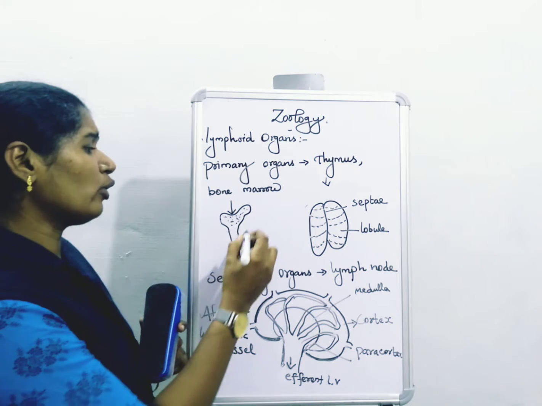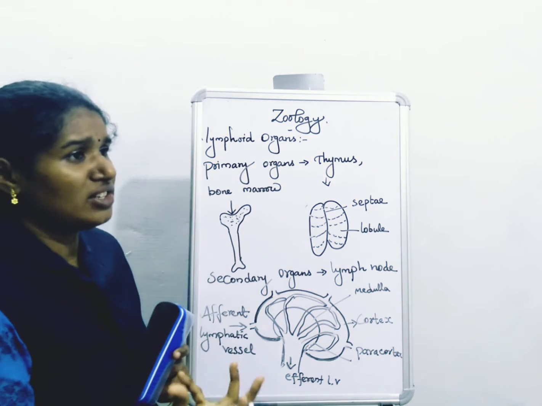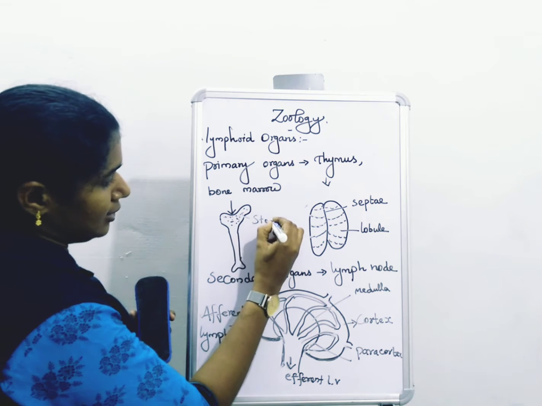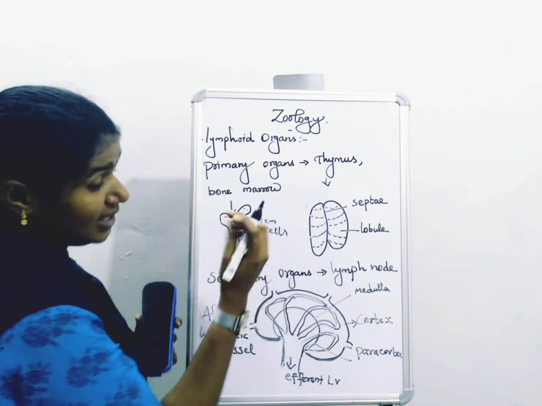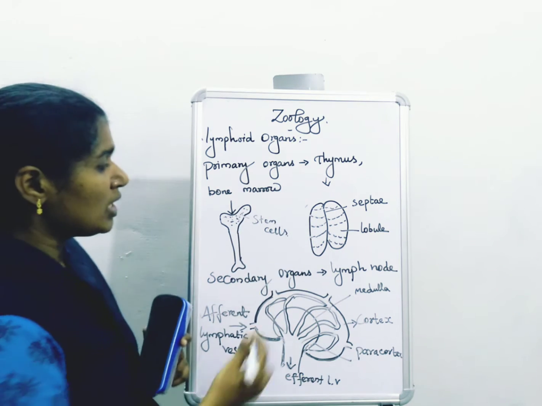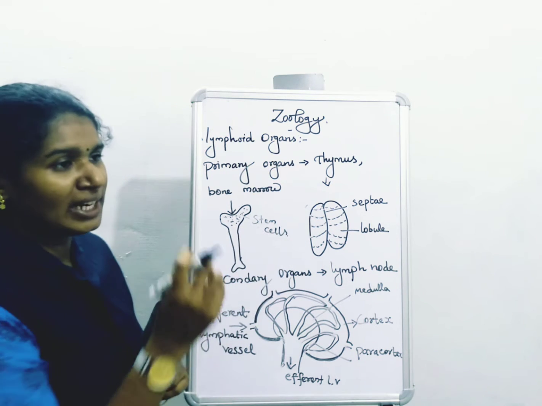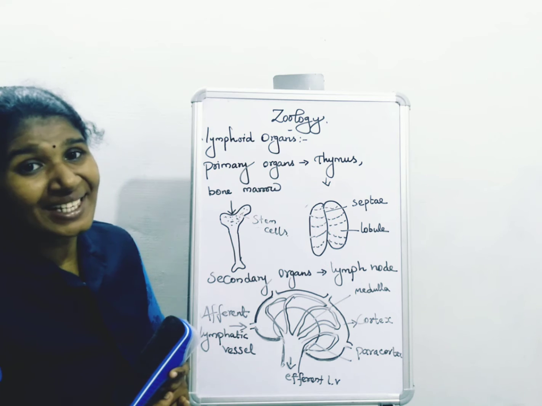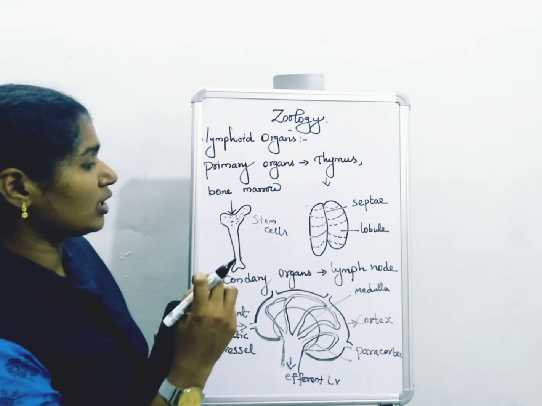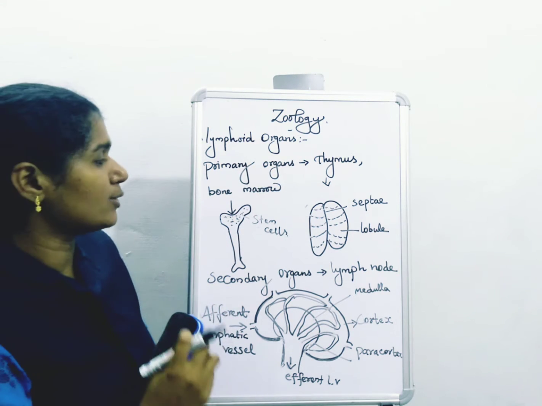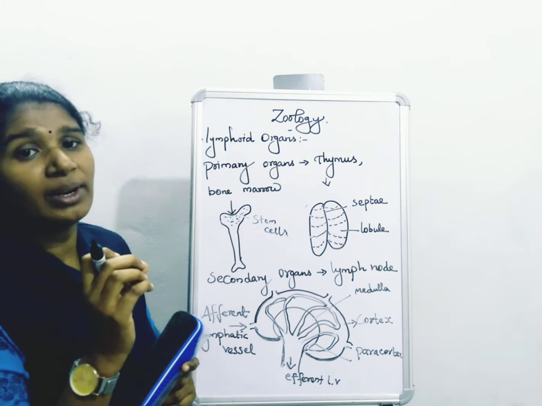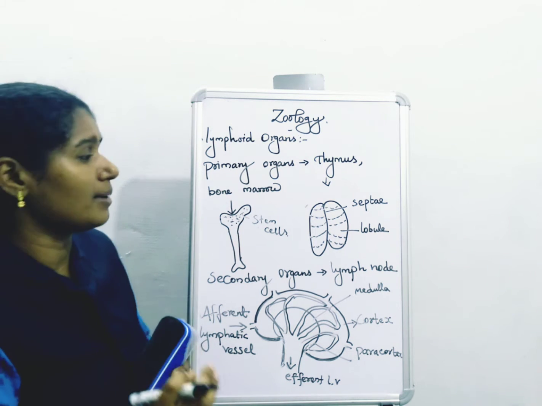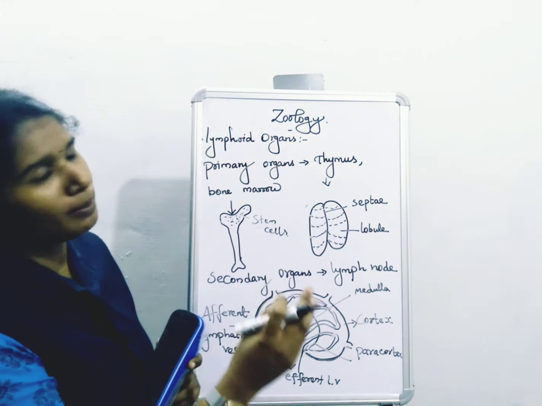In the bone marrow, most of the stem cells are present. The stem cells are commonly called hemopoietic cells. The major work of the hemopoietic cells of the bone marrow is the maturation and differentiation of the blood cells. That is the major function of bone marrow.